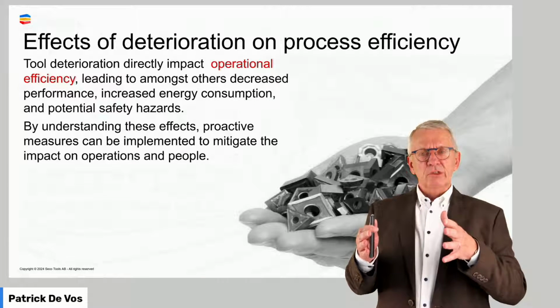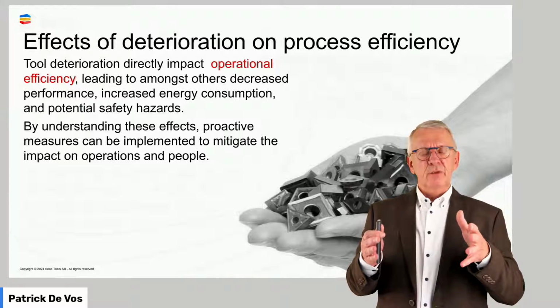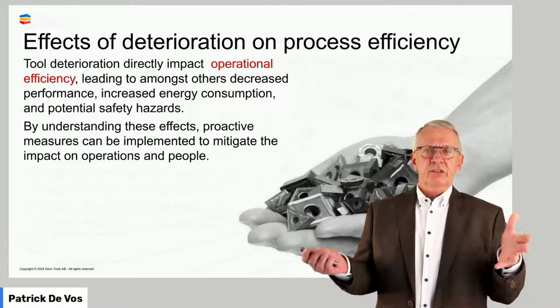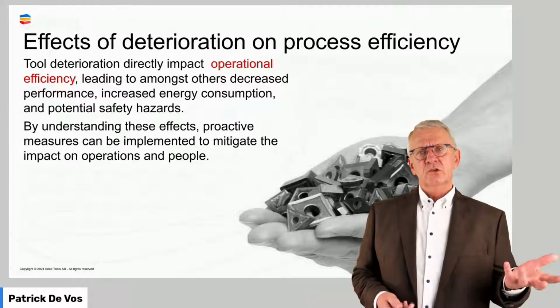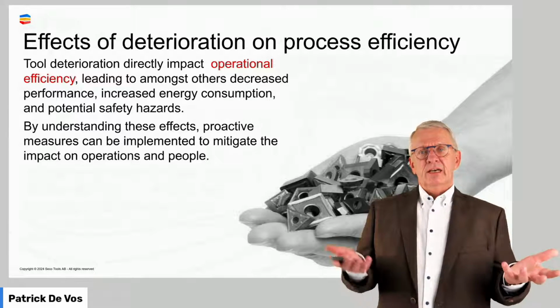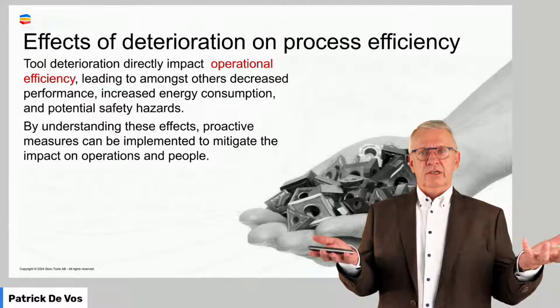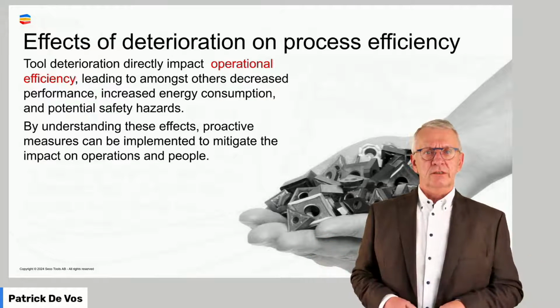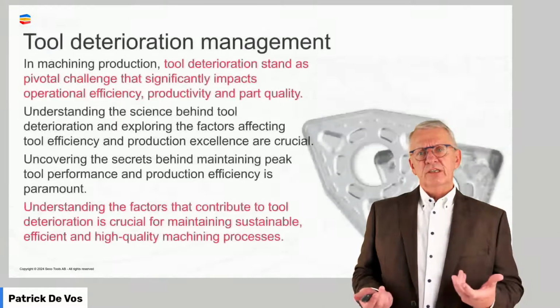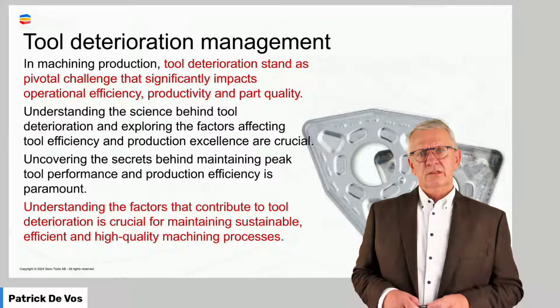But if over time a tool starts to behave differently, that means that your efficiency is in danger. So high efficiency is only possible if you manage your tool deterioration, if you control your tool deterioration. And for that we need to understand the effects.